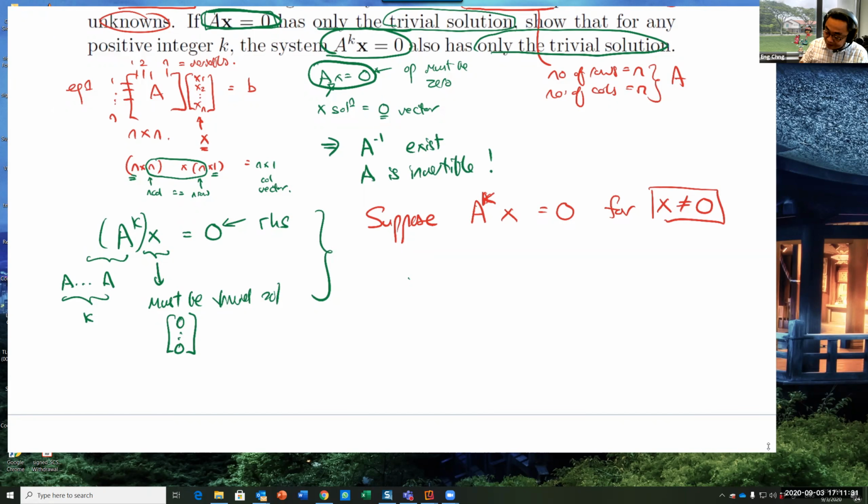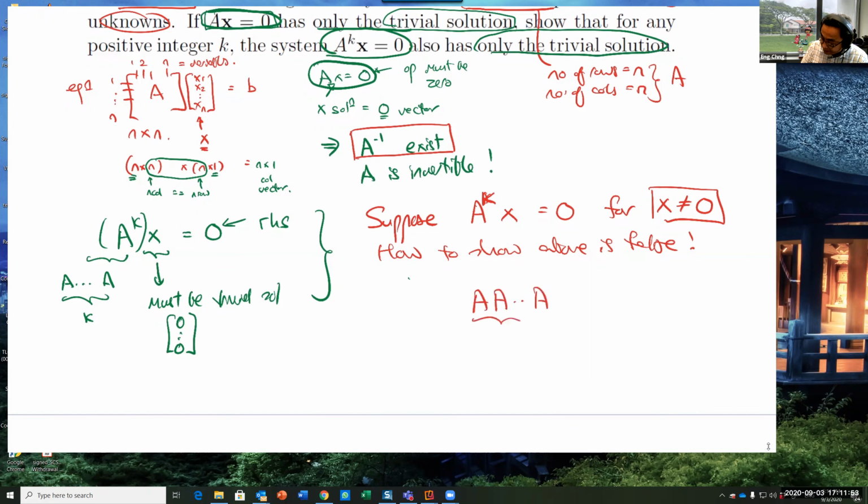Okay, how do we show that this is false? How to show that the above is false, that this will never happen? Well, we know that A minus 1 exists. So let's write A^k first. This is A^k, k times, X. And now let's multiply on the left by A minus 1.